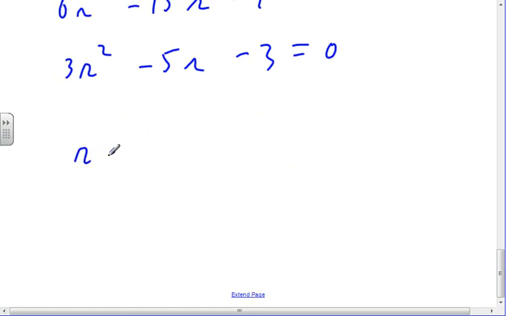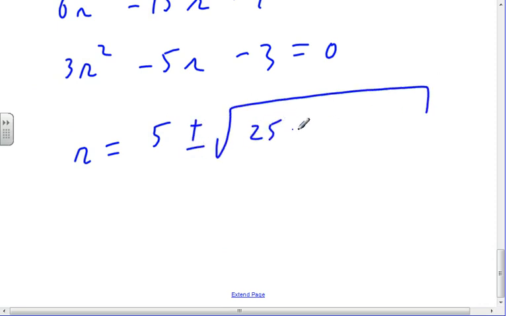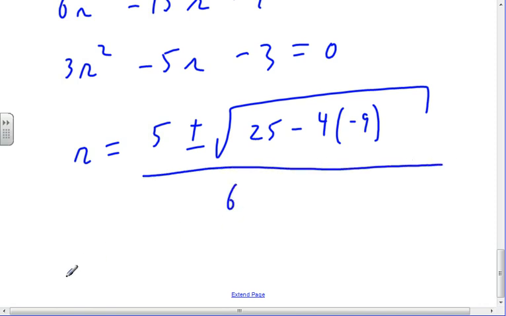Okay, so r is going to be 5 plus or minus the square root of 25 minus 4 times 3 times minus 9, divided by 6.